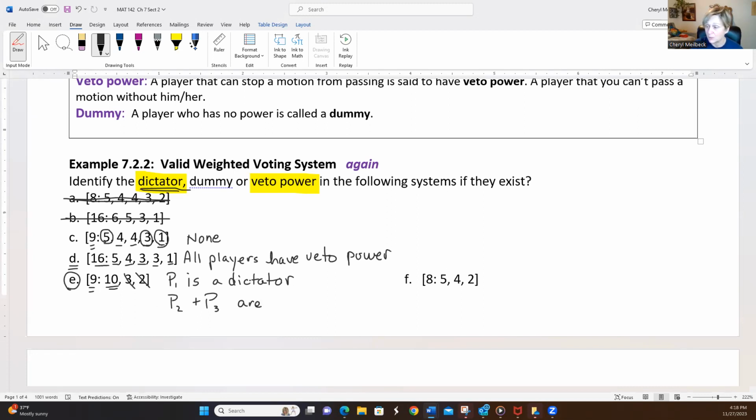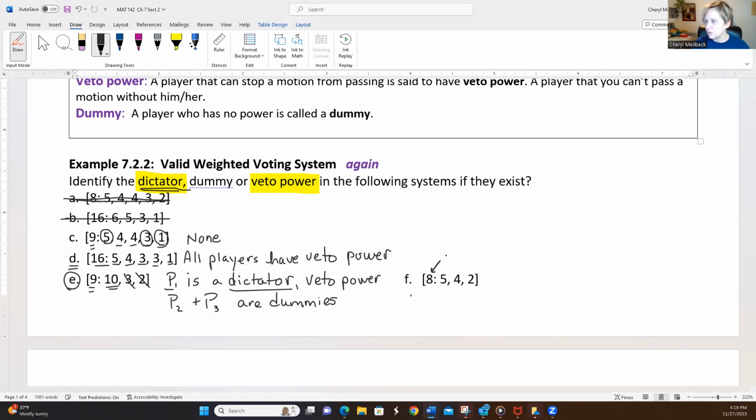Player 1 is going to pass the motion without them. Now, if the quota were higher, that would not be the case, but it is the case here. Let's look at F. I guess if player 1 is a dictator, I should say he would also have veto power because he's a dictator. Now let's look at that F.